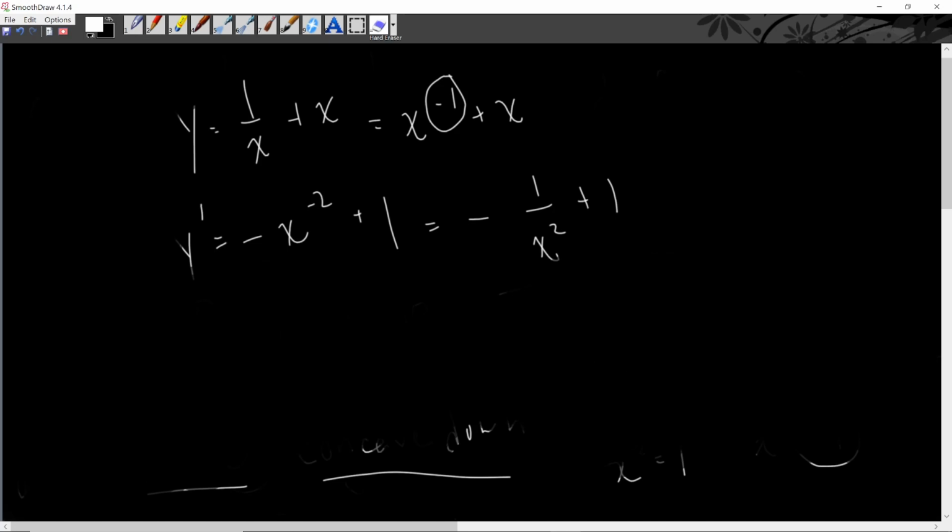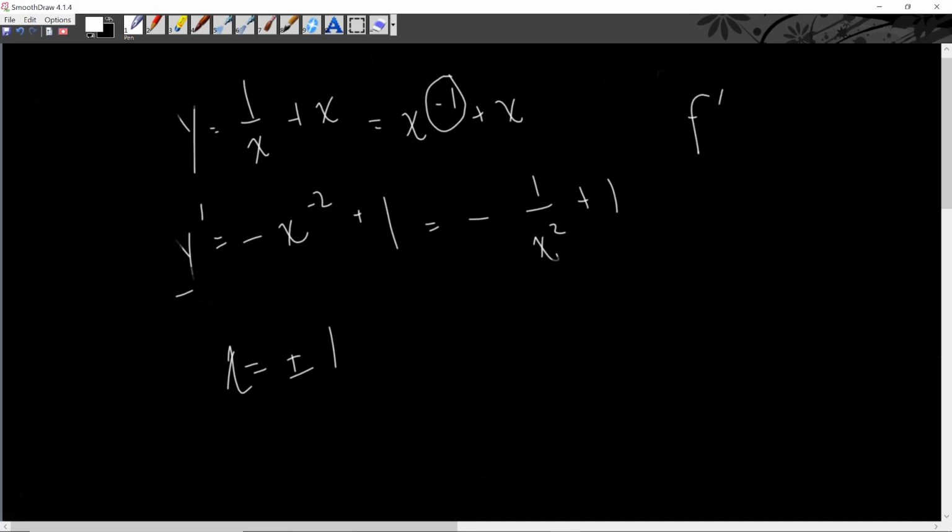I wasn't going anywhere. Okay, so we have x equals plus or minus 1, right? This is when the derivative is equal to 0. So we know that f prime equals 0 when x equals plus or minus 1.